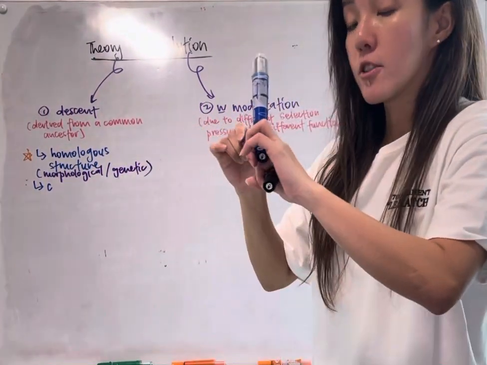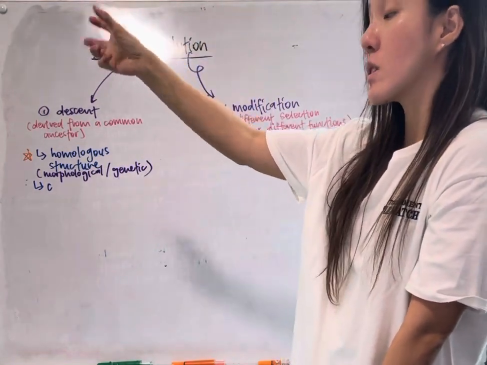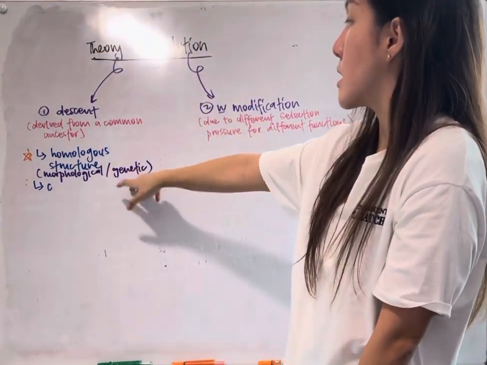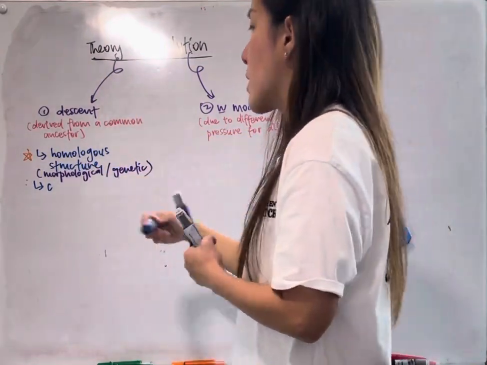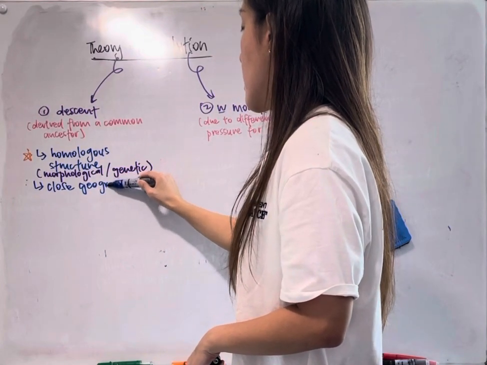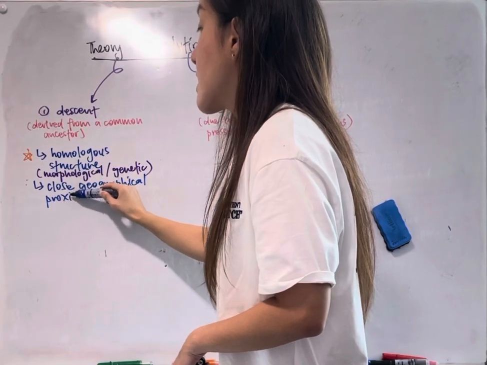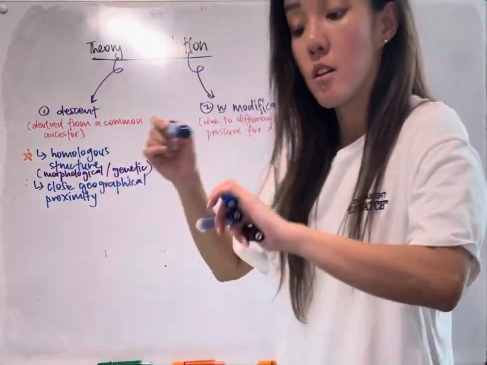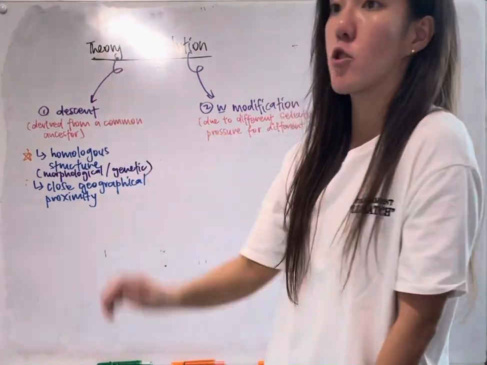This is what I mean by homologous structures. That means they share homologous DNA sequences, amino acid sequence. That's already part of your homologous structure. Okay? But let's say cannot, then we look out for what? Close geographical proximity. Yeah. So I notice how I never start this, because the number one, or the main evidence we always search out for in exam is your homologous structure.